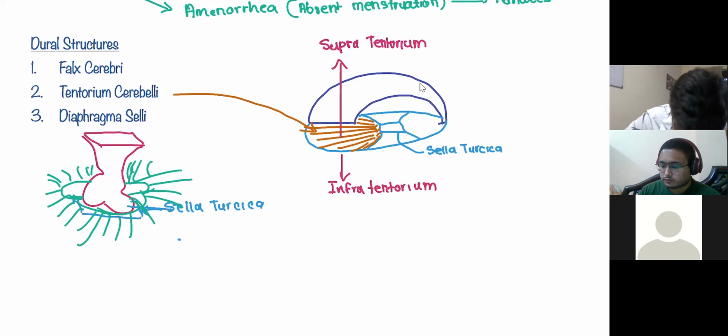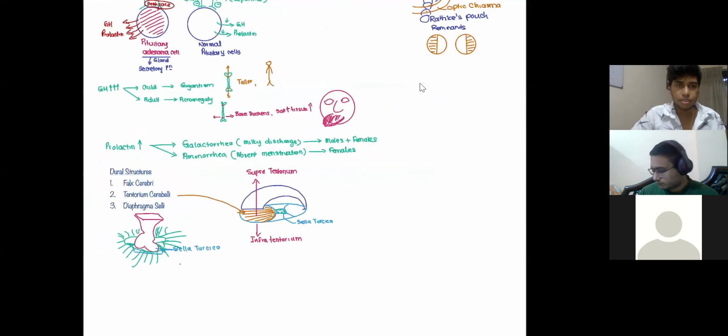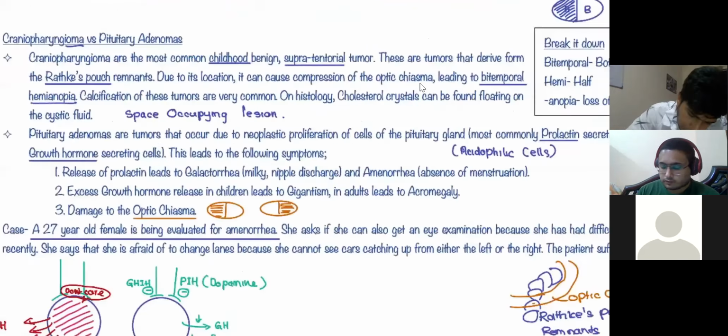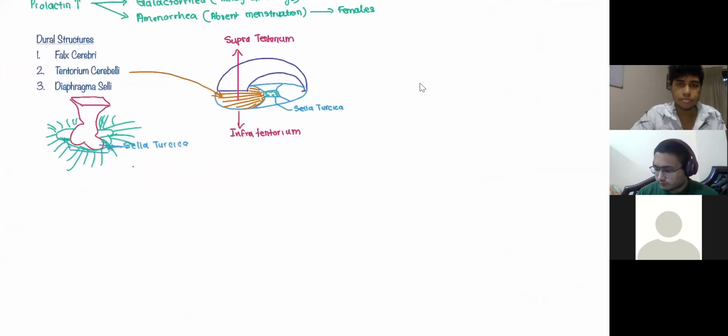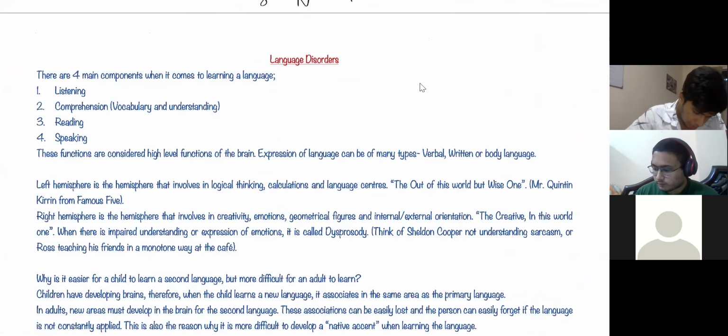Let me just add the diaphragma sellae also to this. Here's where you have the diaphragma sellae. So those are the dural structures.